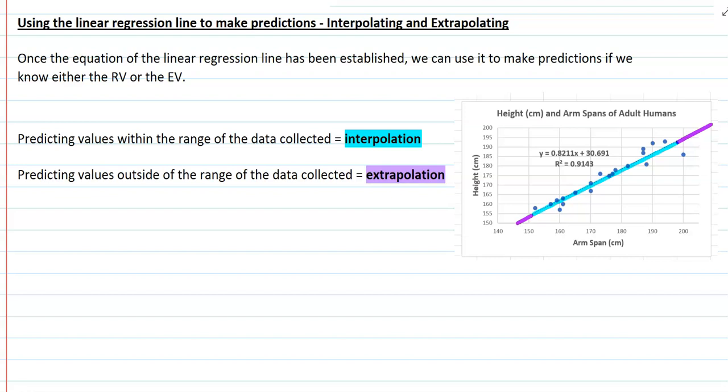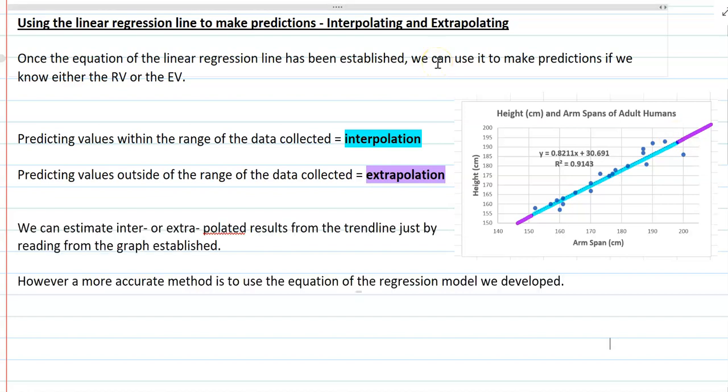If you're predicting values within the range of data you've collected already, that's called interpolation. So essentially, what you're seeing here in the highlighted blue, that's within the range of data we've collected. Any values outside of that range that you're predicting, that's known as extrapolation. So how does it work? Well, we can estimate results from the trend line just by reading it from the graph we've established.